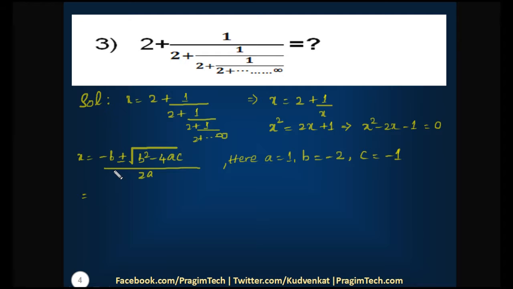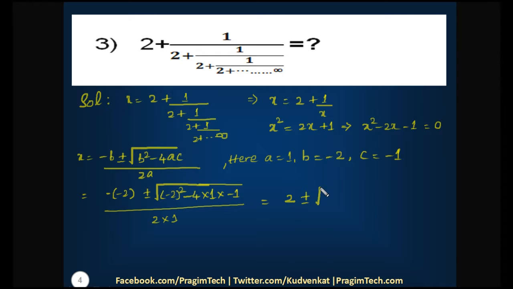So this will be equal to minus of minus 2 plus or minus square root of minus 2 square minus 4 into 1 into minus 1, divided by 2 into 1. So this will be equal to 2 plus or minus square root of minus 2 square, it is 4, and minus of minus will be plus 4, divided by 2. So this is equal to 2 plus or minus square root of 8 divided by 2. As you know, square root of 8 we can write as 2 root 2, right?